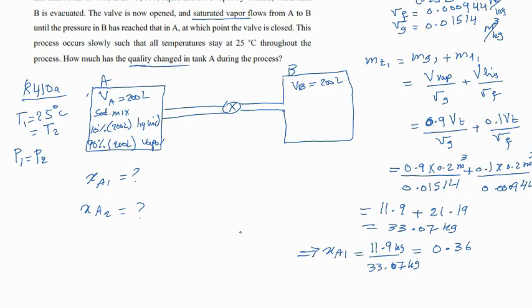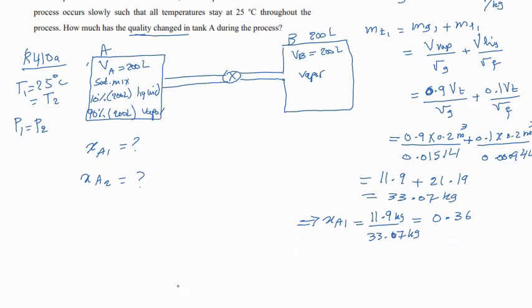But what we know is that tank B received only the vapor, and the vapor volume already been given because both tank A and B has a volume of 200 liter. So we can write the following as such.